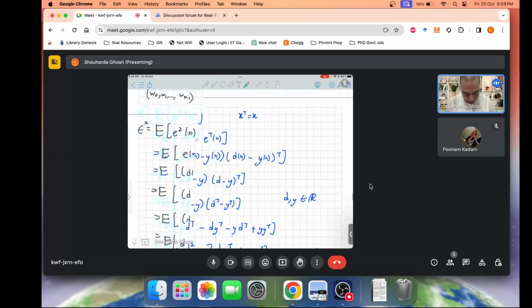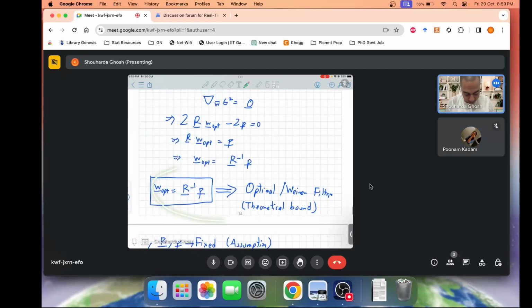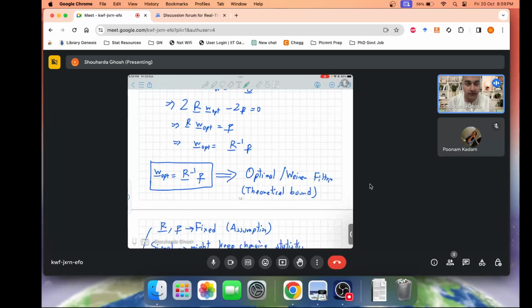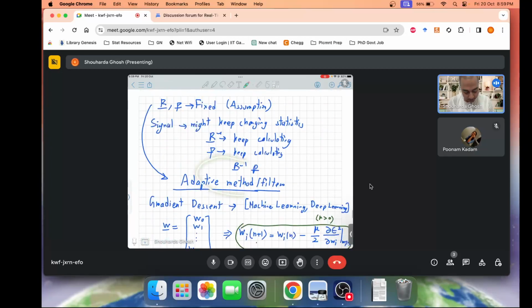We do a lot of math, and finally we obtain that our optimal filter is R inverse P. This is the best possible filter we can do, but R inverse P cannot be calculated in real life because inversion is very hard, we don't have all the signal statistics, and our signal statistics can change with time. So we use the adaptive filter.